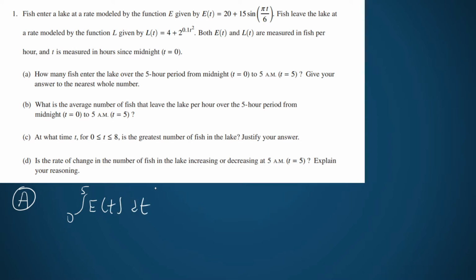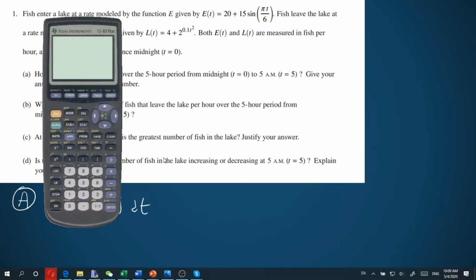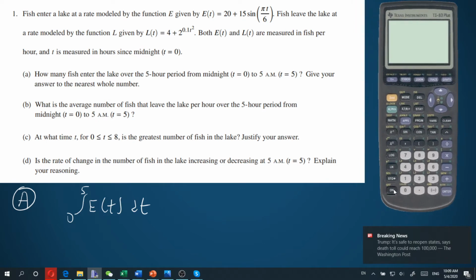We've got a formula for that, so I'm just going to throw that in the calculator. I think 20 plus 15 sine of pi x over 6, and 4 plus 2 raised to the 0.01 t squared.